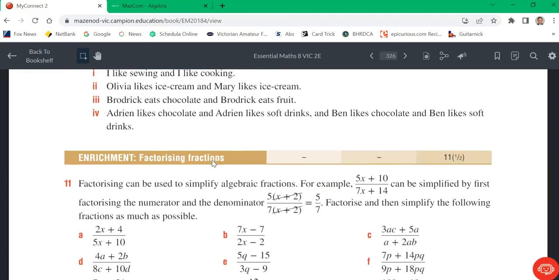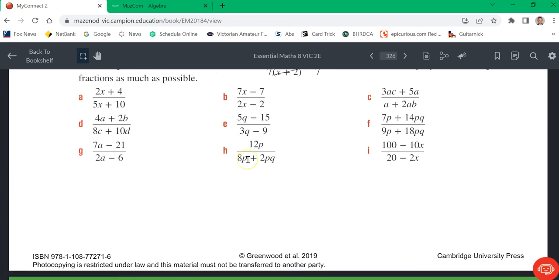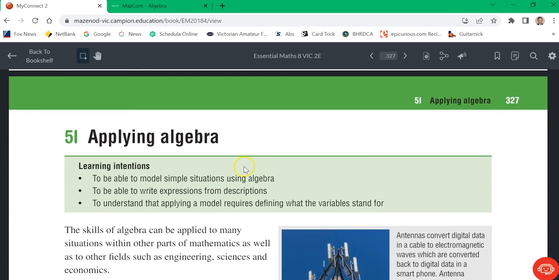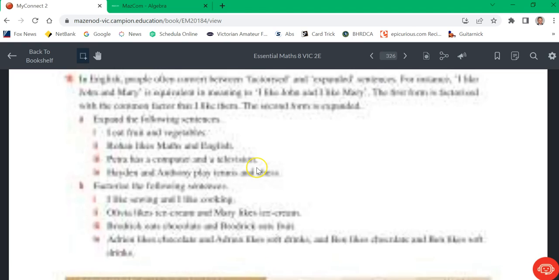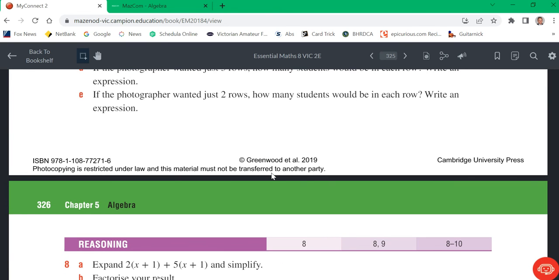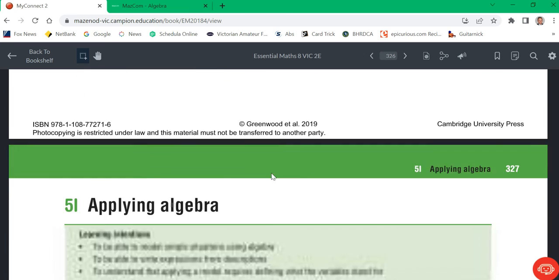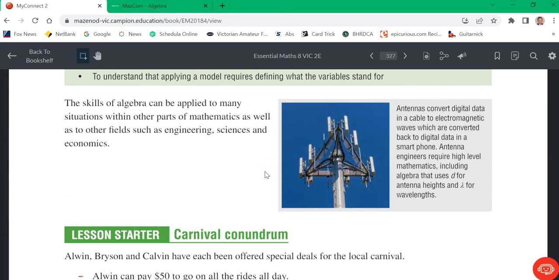And we can move on and then start applying algebra. If you're up to that, then your work can be for this morning. If you are totally happy with what you've done and got everything into your summary book that you need, then you can move on to 5I, which is applying algebra, and where we can apply it in various situations.